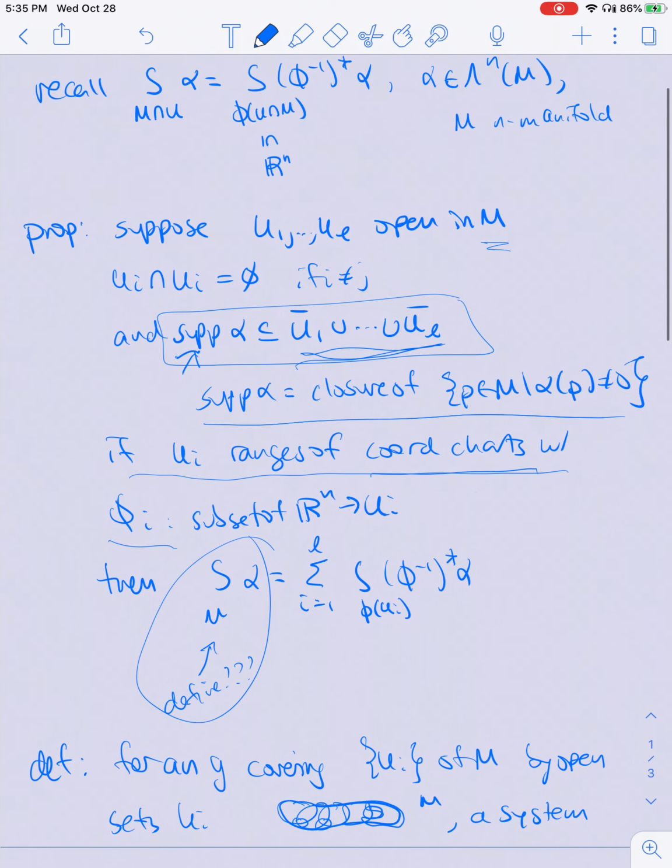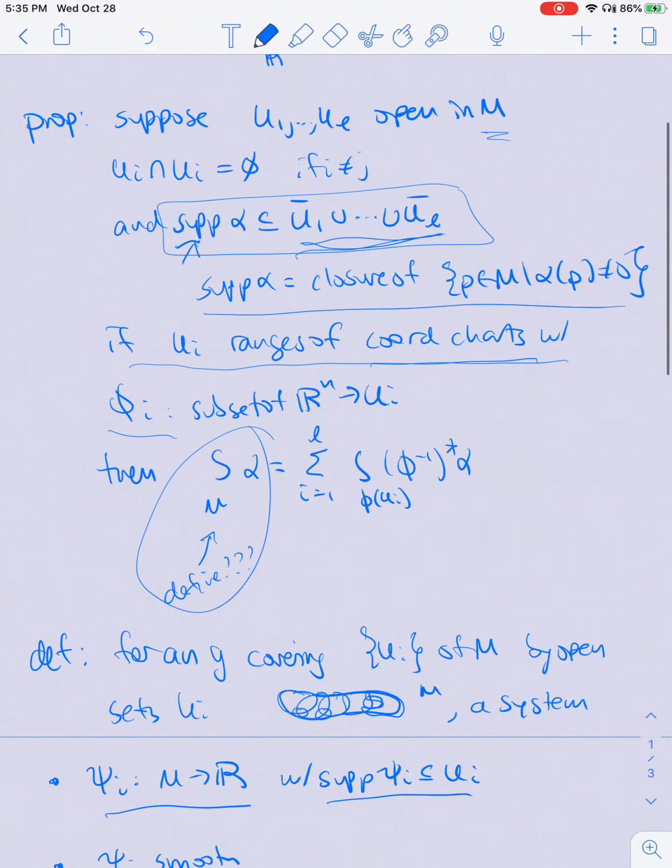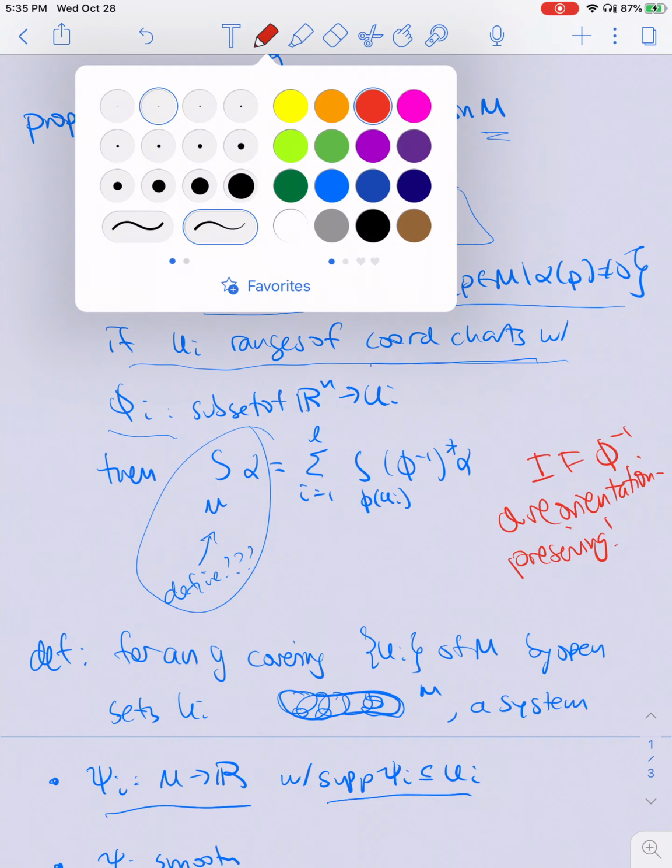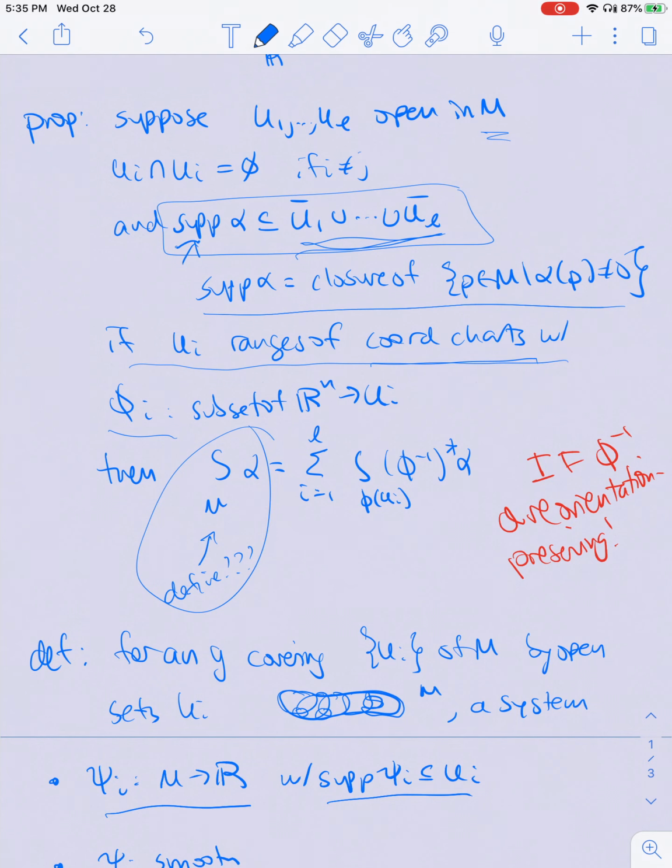And I know that, oh, I guess, okay, sorry, one thing to say that I forgot earlier. This is if the f inverses are orientation preserving, right? So the important thing is if they're not orientation preserving, I need to introduce negative signs, exactly as I discussed in the integration video, video 23, I think.